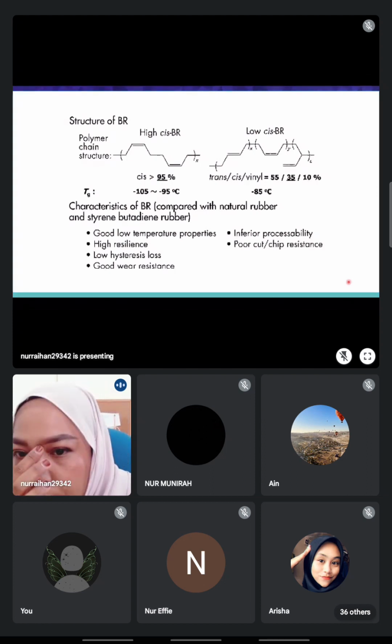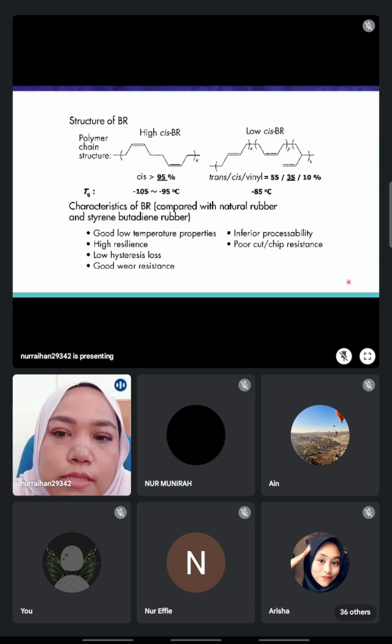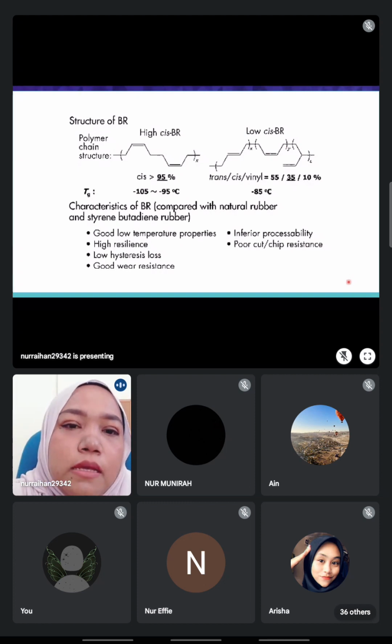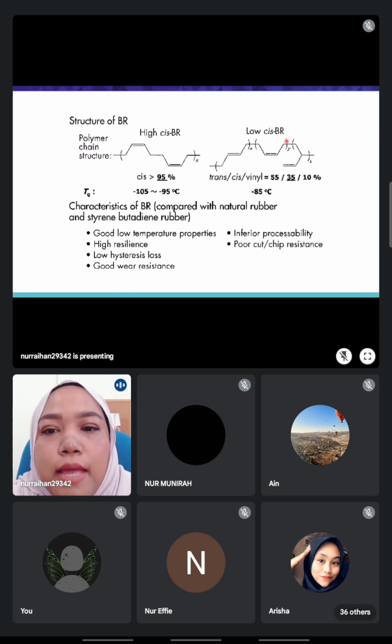Okay, so the butadiene rubber can have different cis and trans components, cis and trans amounts. For the high cis content butadiene rubber, they can achieve up to 95% of the cis content. Meanwhile, for the trans, okay, they can have about 55% of the trans content. This one is known as a low cis butadiene rubber.